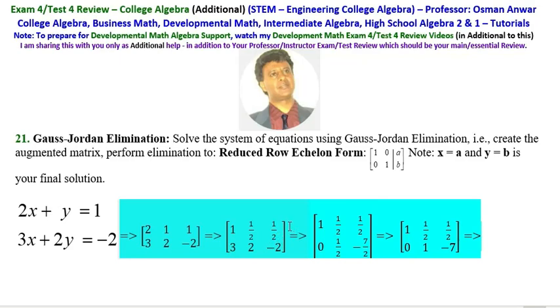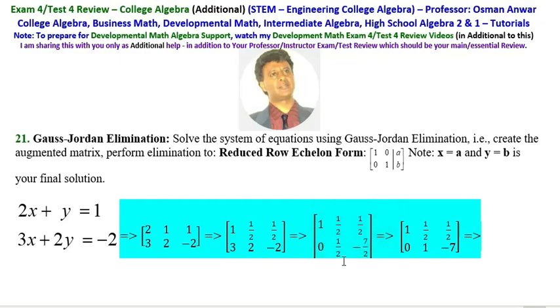So that is minus 3 times 1 is minus 3, minus 3 plus 3 is 0. Minus 3 times half is minus 3 over 2, plus 2 is half. Minus 3 times half is minus 3 over 2, minus 3 over 2 minus 2 is minus 7 over 2.